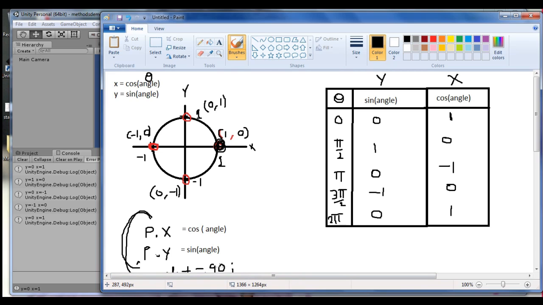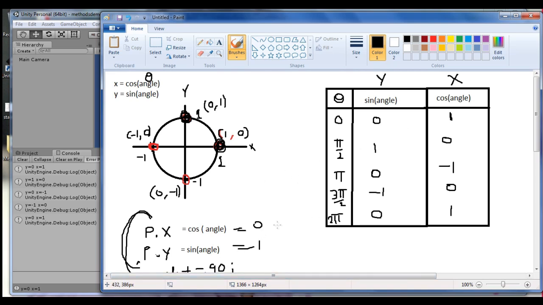So cos of 90 degrees is 0 and sin of 90 degrees is 1. So the object will come to this place. Correct or not? X will be 0, y will be 1. So this is the position where the object will come. Next we increase by 90 degrees. So 180.